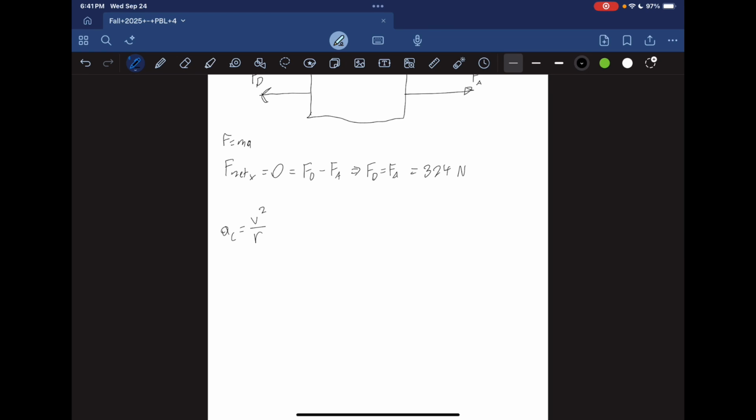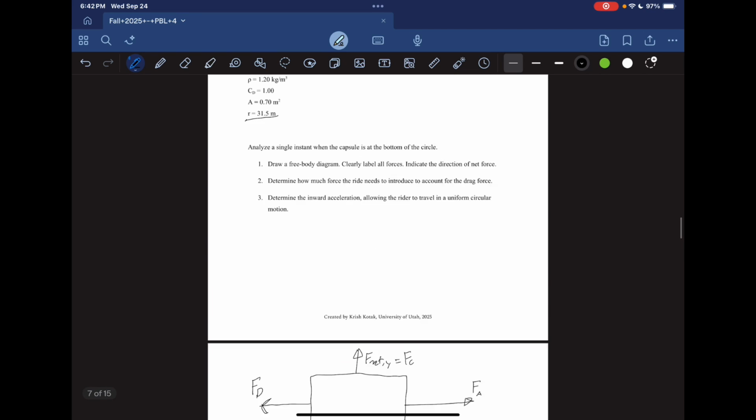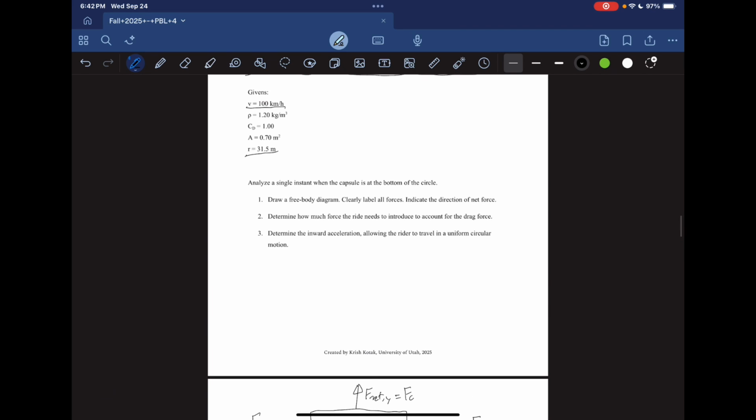I went ahead and did this already because at this point in the course we've done this plenty of times, but 100 kilometers per hour equals 27.7 meters per second. So if we square that, let me plug it into the calculator real quick, 27.7 squared, and then divide that number by our radius, 31.5.